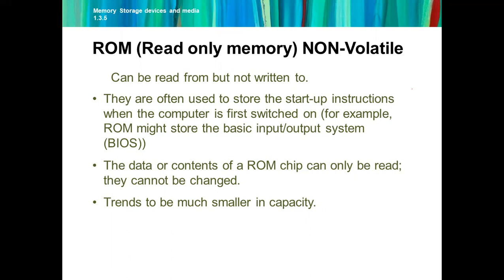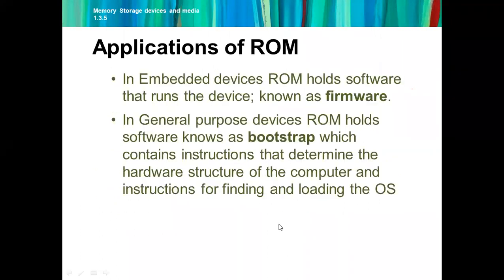So some basic input and output information is stored in the BIOS. With the help of a ROM, we can read it. The data or contents of the ROM chip can only be read and they cannot be changed. We did not talk about it too much, and it tends to be much smaller in capacity, which means it is going to hold only some data.